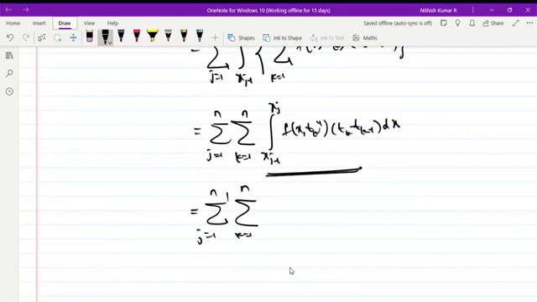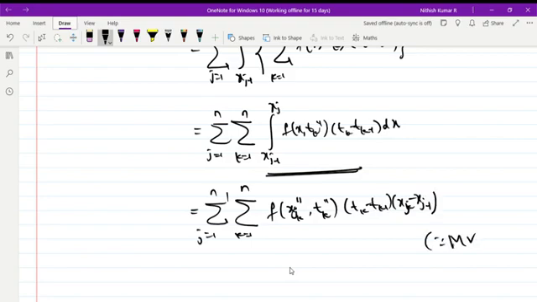Yes. Now applying the mean value theorem for this, again that is summation j is equal to 1 to n, summation k is equal to 1 to n, we have f of, now there exists some point between xj minus 1 and xj, that we shall take as xjk double dash comma tk, into tk minus 1, xj minus 1.